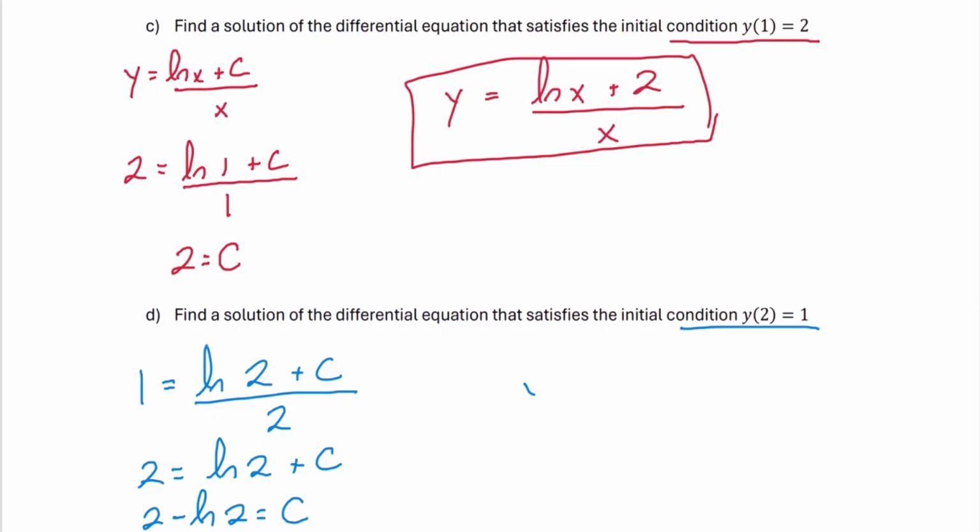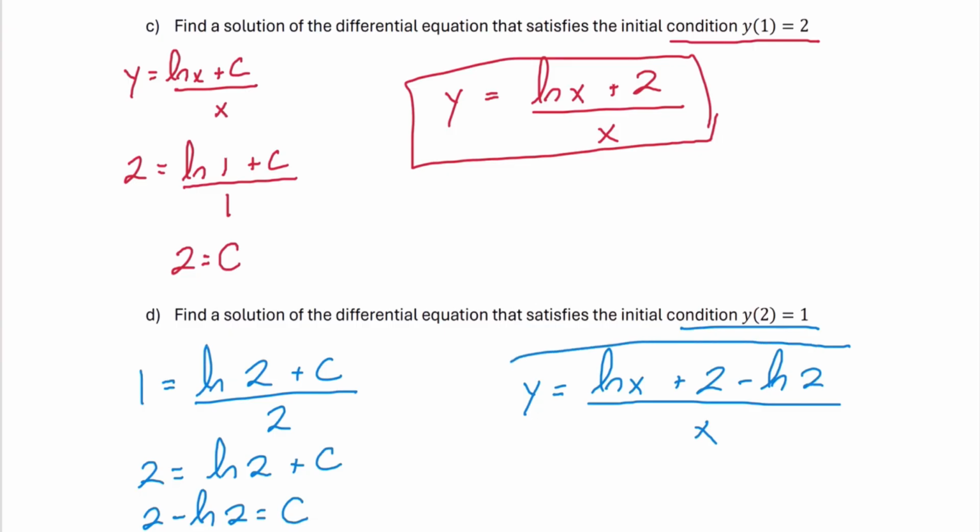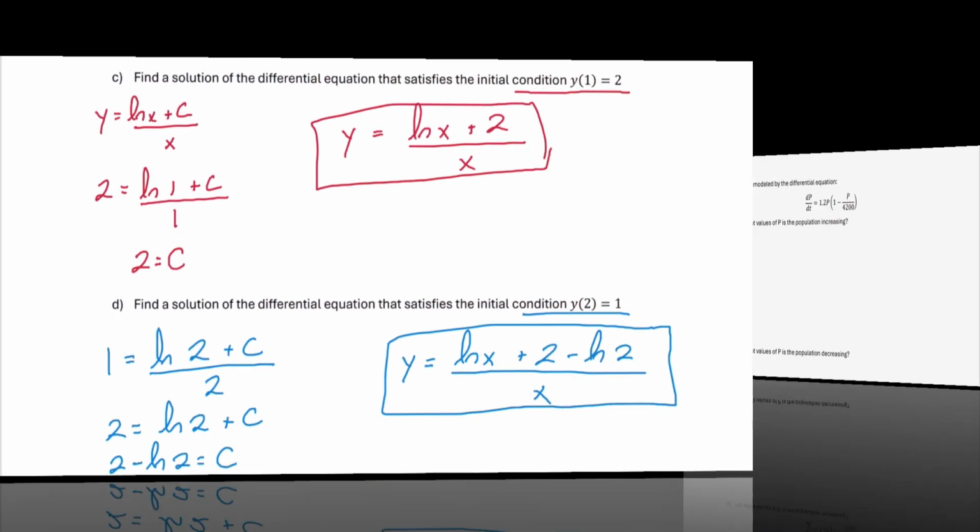So y is now the natural log of x plus our c value, 2 minus natural log of 2, all divided by x. This is the solution to the differential equation with the given initial condition.